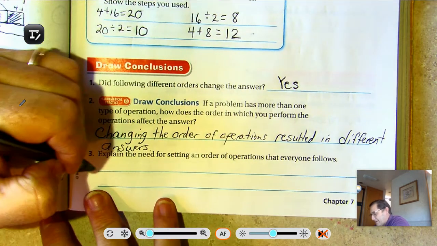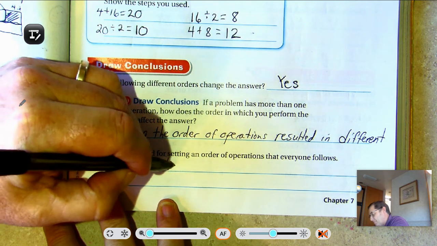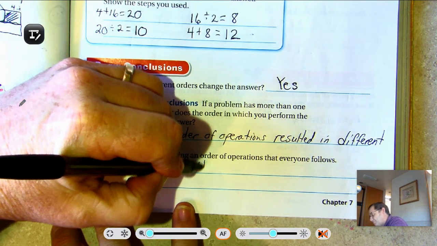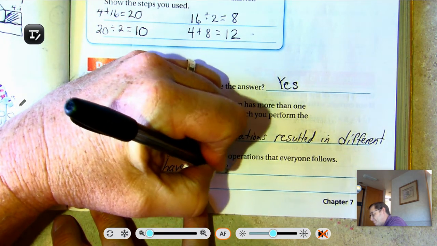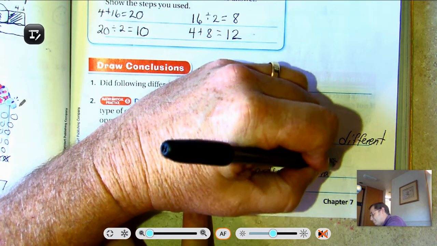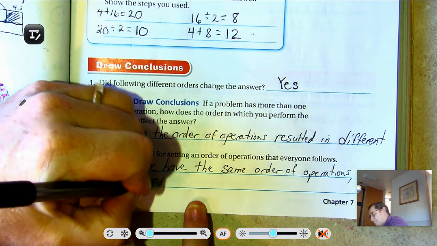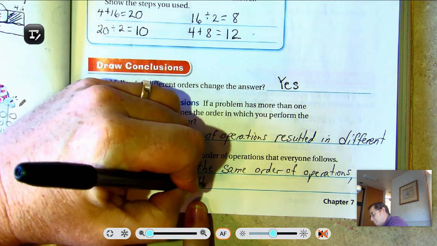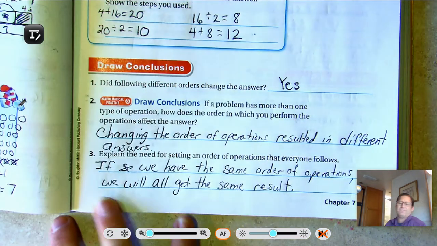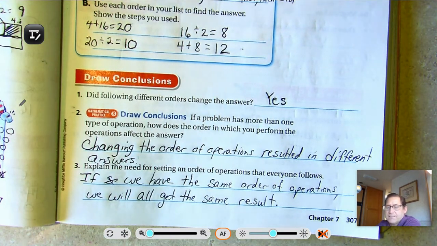So if we have a set order of operations, everybody will get the same result.